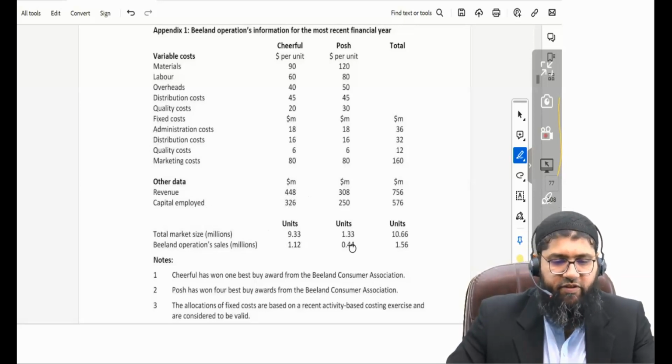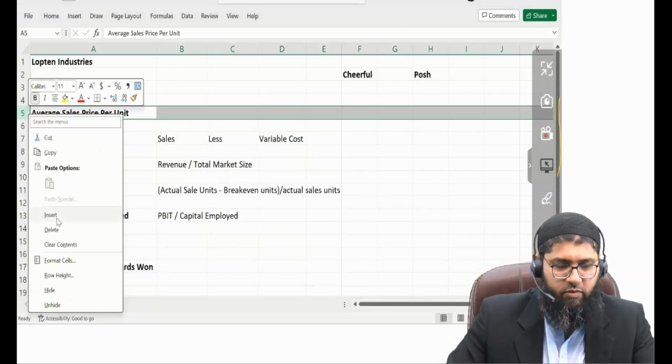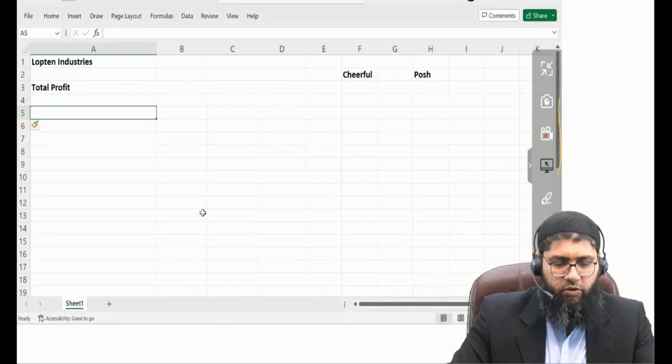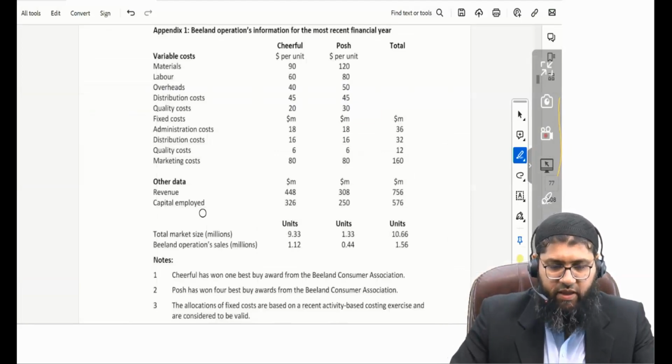Now let's try to calculate the profit for each one of them. The revenue given is 448 million and 308 million.